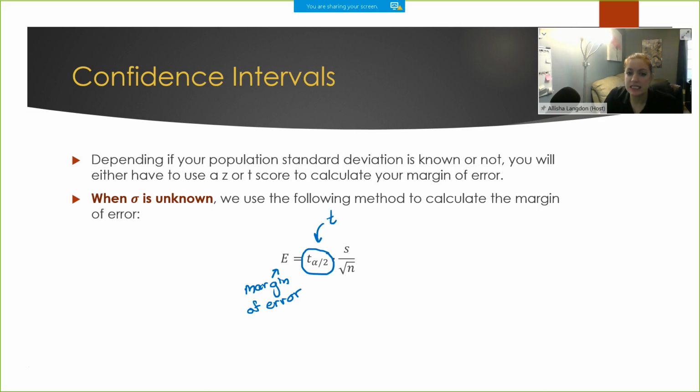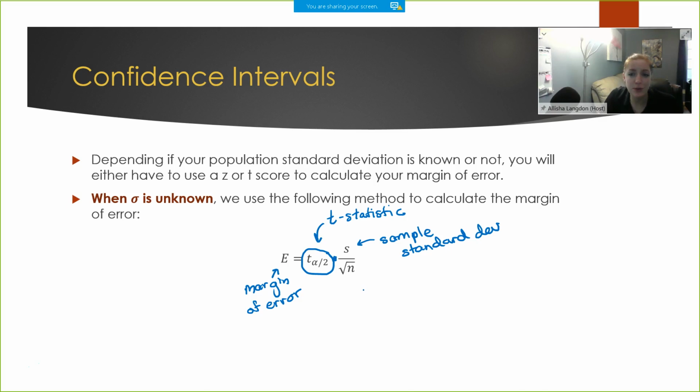That's your T statistic, or your T number, just like if it was a Z number on that number line, you're just finding that number line, times your sample standard deviation, S, divided by the square root of n.